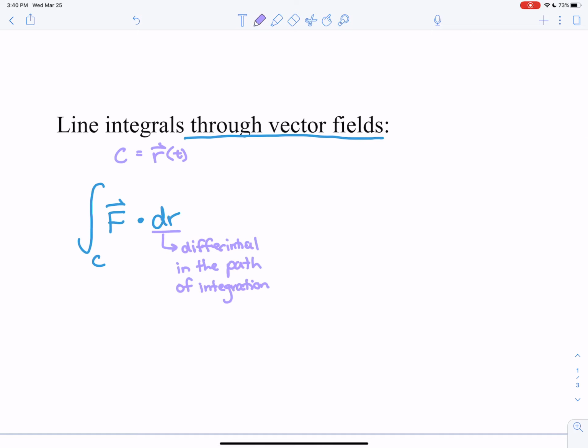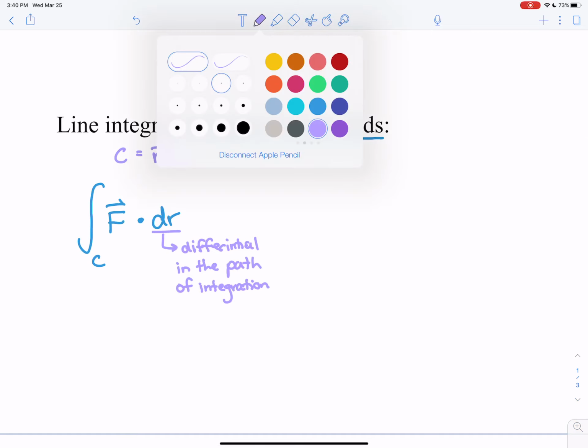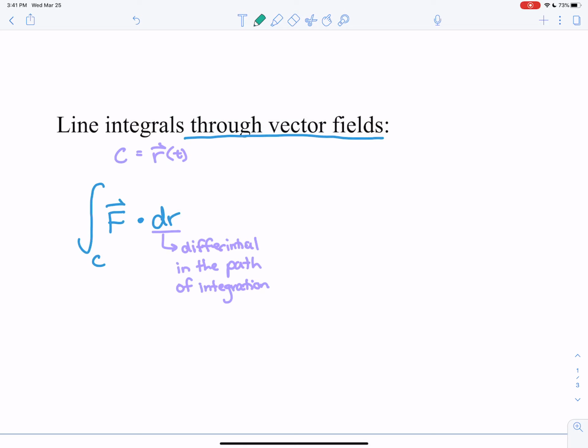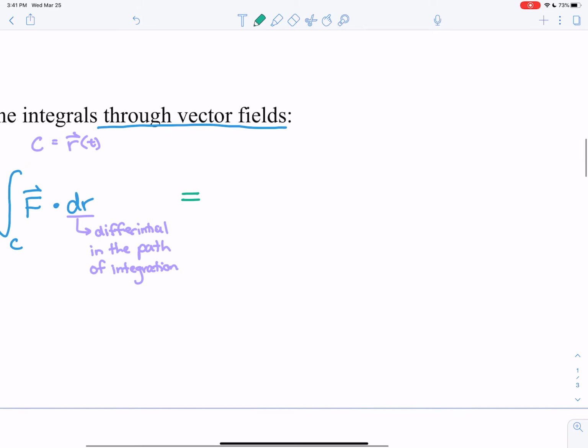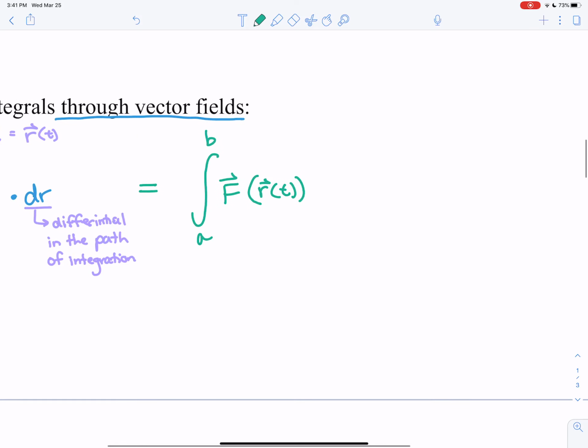But this is not a super usable form because it's in terms of a dr differential, which we don't usually use. The usable version of this is the integral from a to b of our vector field, written in terms of the path, which is what we did in chapter 16.1 as well, times the first derivative of r, dt.